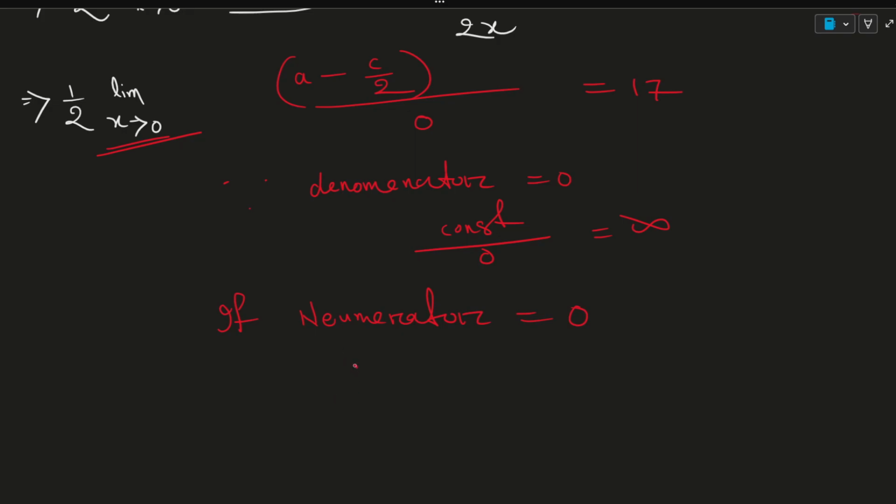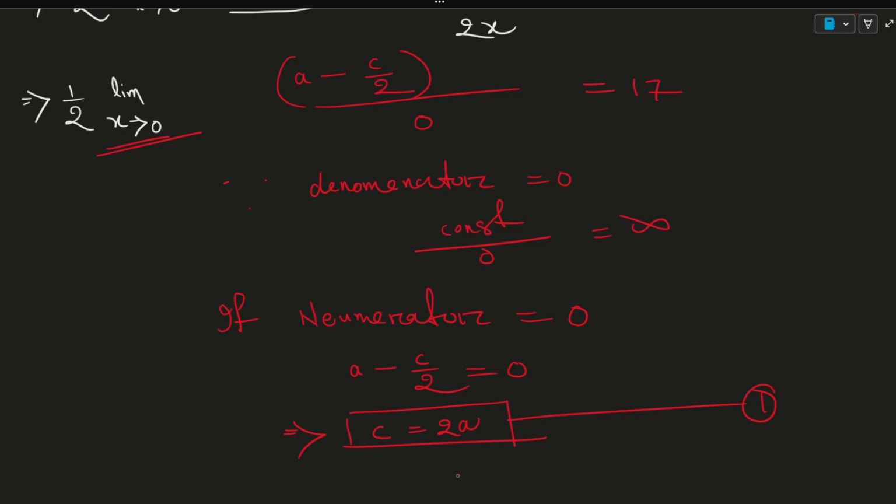Then that is a minus c by 2 should be equal to 0, which implies c equal to 2a. If it happens, then we can say that further we can continue our calculation. There is a chance of existence of limit if it happens.